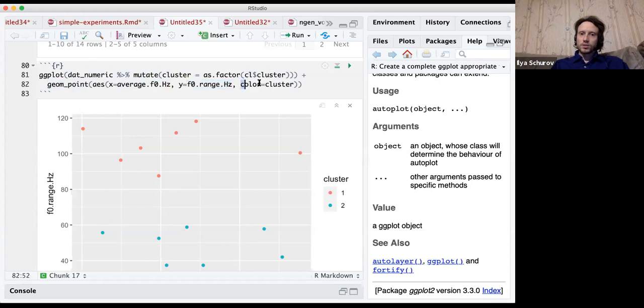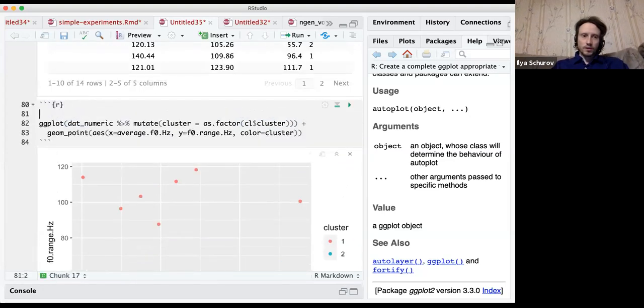I just use color equal to cluster to distinguish between two clusters. So you have to use this kind of function, this line. Do you understand what this line does? Every part of it?